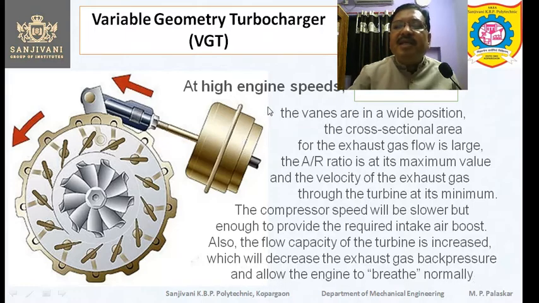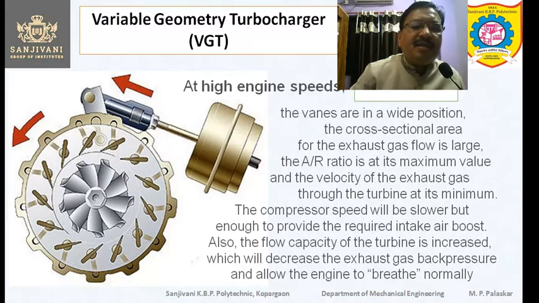Due to normal breathing of the engine, normal intake of the air inside the engine at higher speed, the engine will run properly at higher speed. There will be no choking, or there will be no over boosting of the engine.